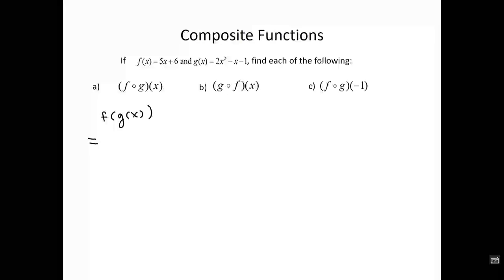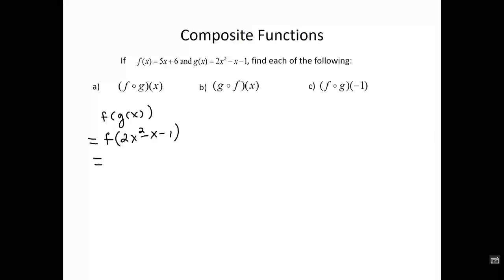So we begin with g of x. Remember, g of x is now the domain of f. g of x, in this case, is defined to be 2x squared minus x minus 1. So this is f of g of x.